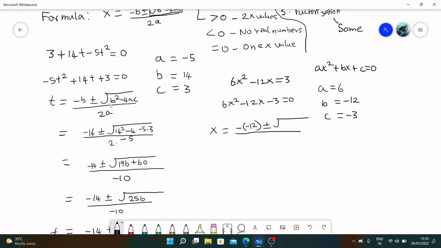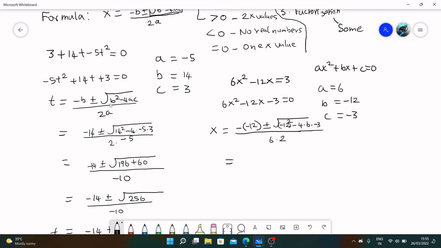And then you have b squared, that is minus 12 squared, minus 12 in brackets, minus 4 into 6 into minus 3, by 2a. So that is 6 into 2.